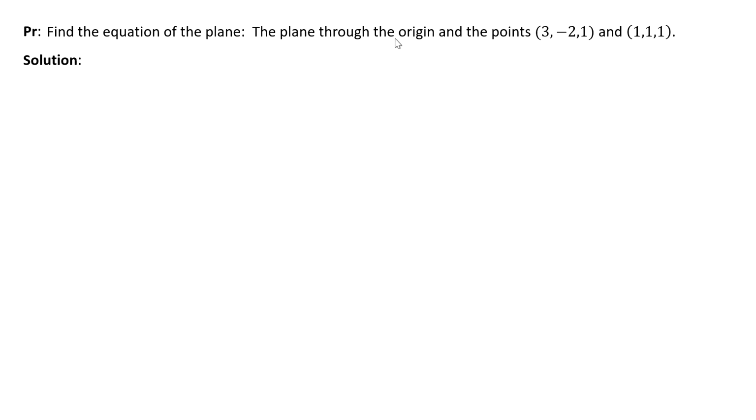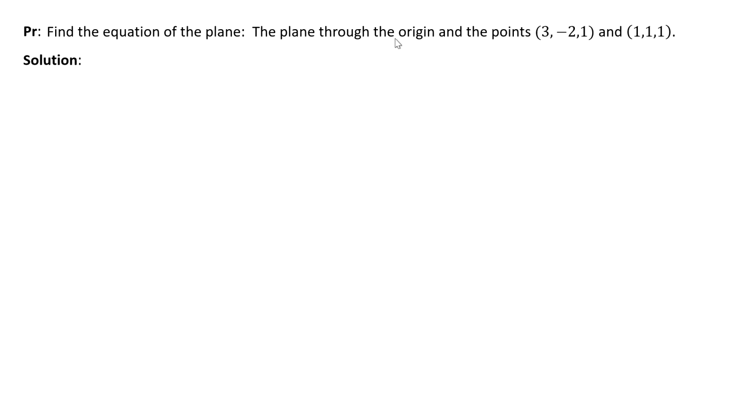If you know two vectors on a plane, by taking the cross product of them, you get the normal vector. Because, pay attention, what did I say? By taking the cross product of two vectors on a plane, we get the normal vector. Why?